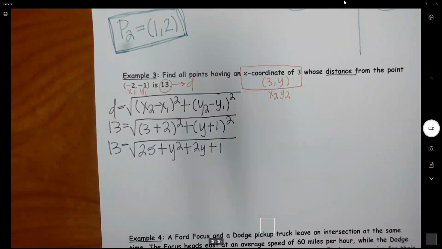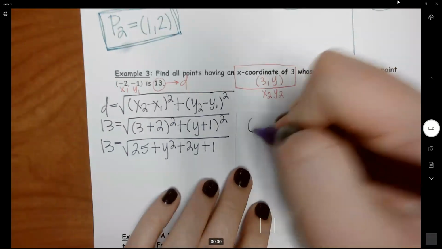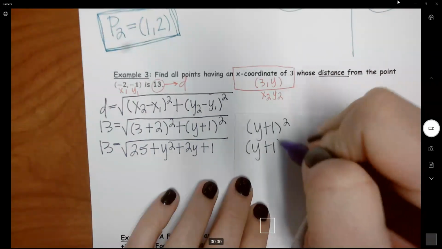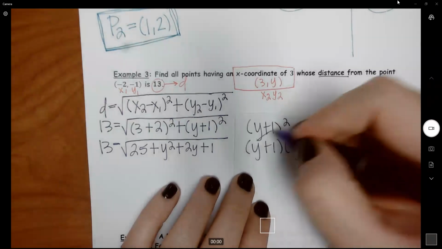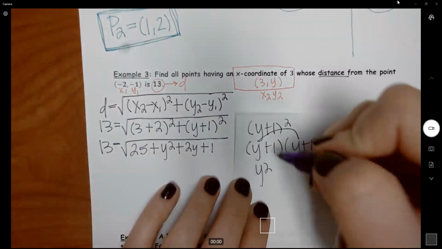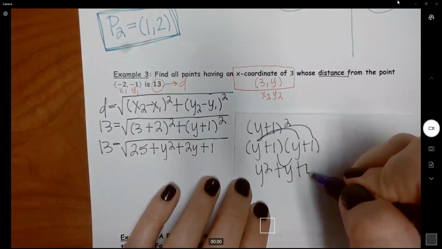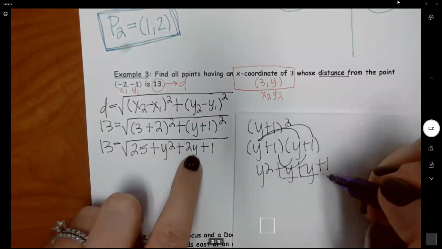We should be familiar with that, but if you need more, you've got (y plus 1) squared. That's the same as (y plus 1) times (y plus 1). We FOIL. Y times y is y squared. Y times 1 is y. 1 times y is y, and 1 times 1 is 1. Combine your like terms, and you get 2y.